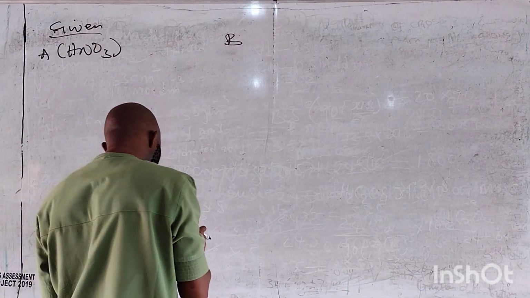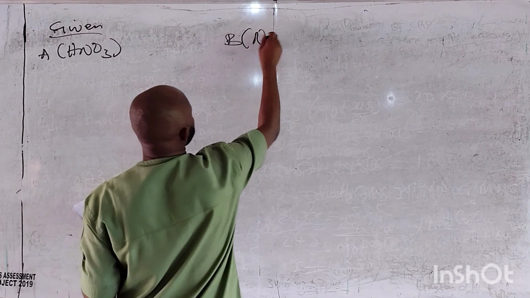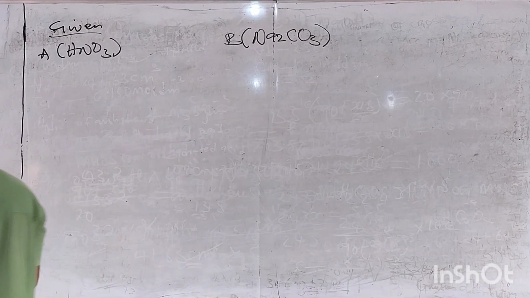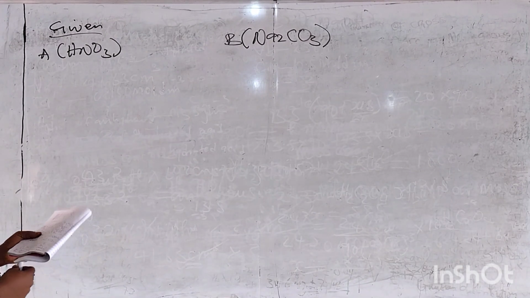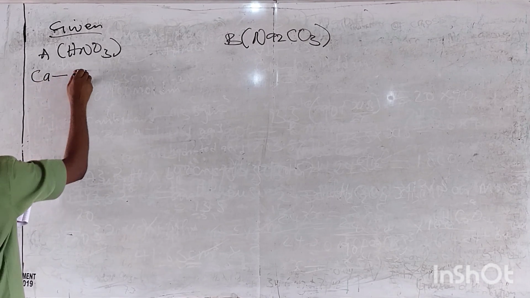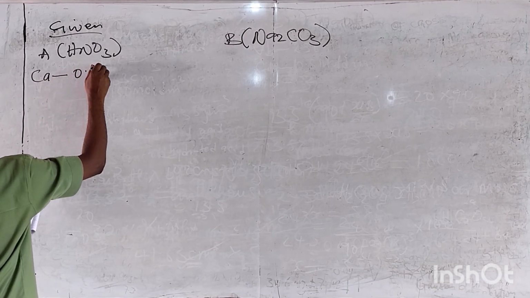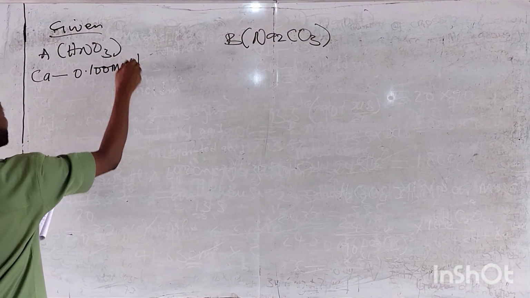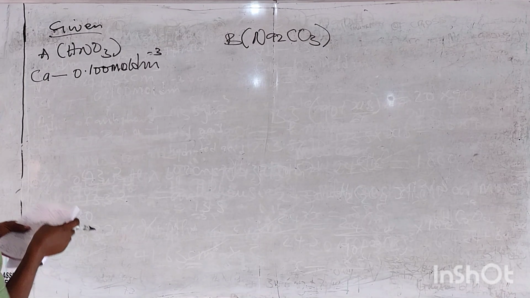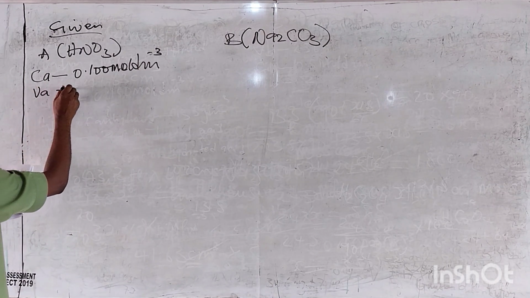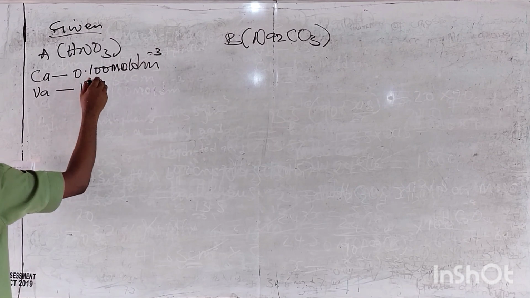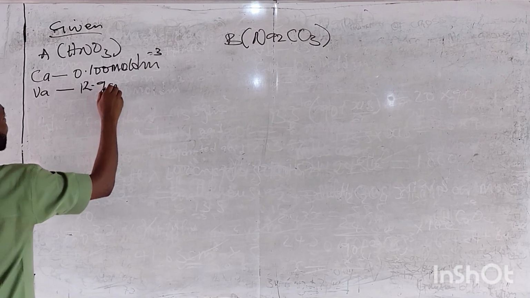Anhydrous trioxocarbonate(IV), that is disodium trioxocarbonate(IV). That's our B. So the concentration of the acid is 0.100 mole per dm cube. Three significant figures, don't forget that. The volume of the acid is also given to be 12.90 cm cube.